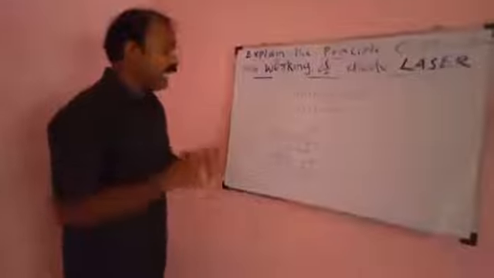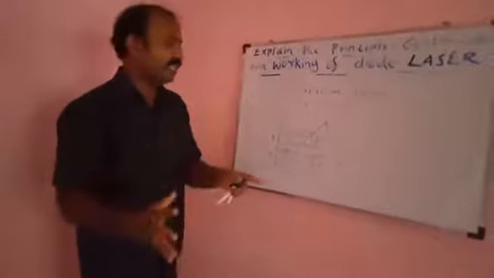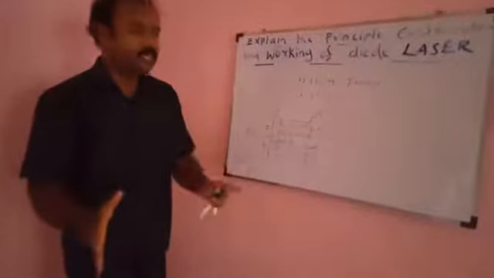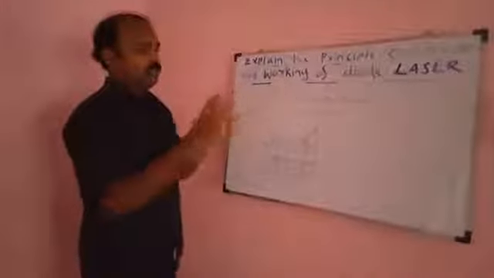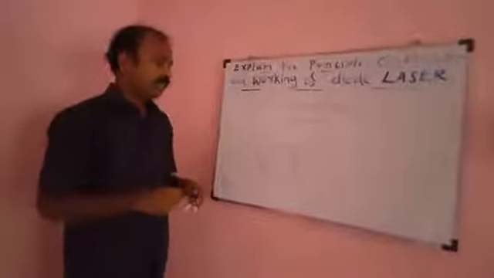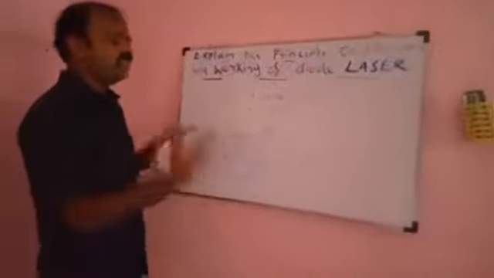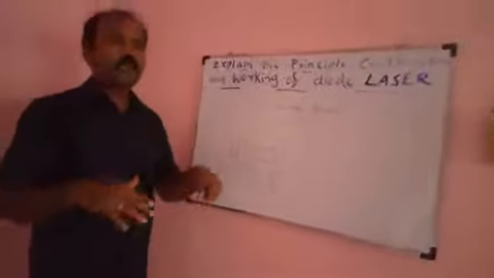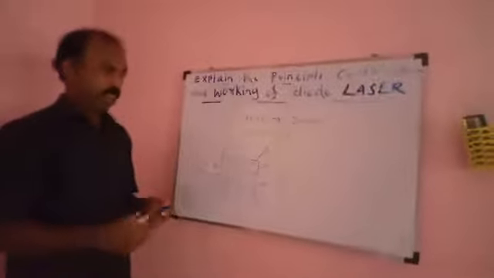That light is monochromatic, coherent, does not diverge at all, and is extremely intense, so it is nothing but a laser. The advantage of that laser is its intensity. Then some disadvantages are there. The cost of constructing the heterojunction diode laser is high compared to the homojunction laser.